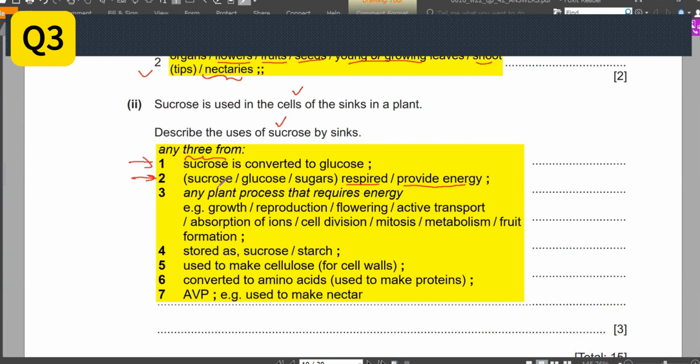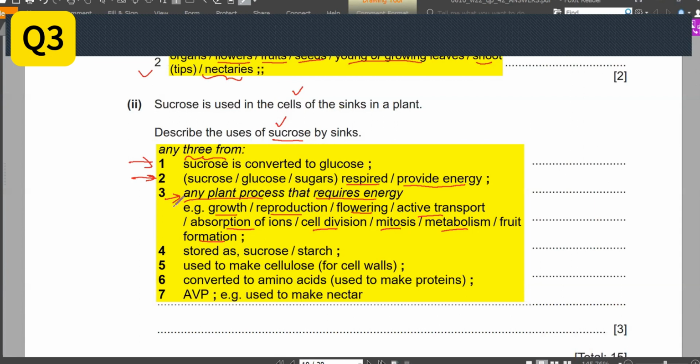So essentially, we can use the sucrose for any plant process that requires energy. For example, it can be used for growth, reproduction, flowering, active transport, absorption of ions, cell division, mitosis, metabolism, and so on.